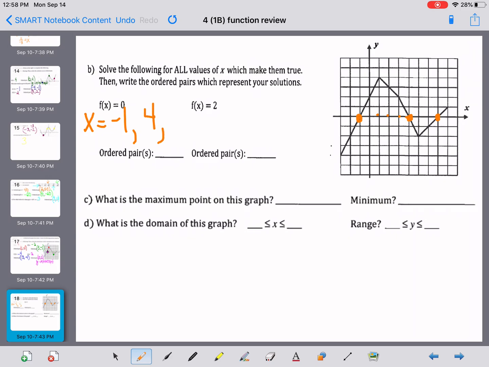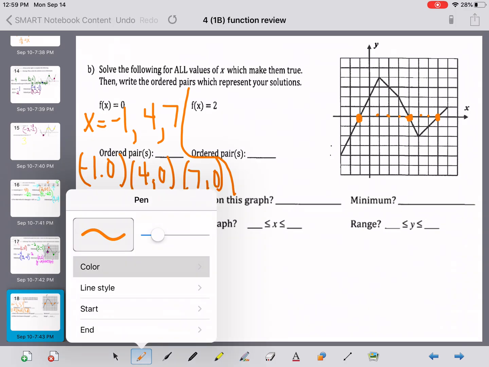And then 1, 2, 3, 4, 5, 6, 7. So our ordered pairs are going to be -1, 0, 4, 0, and 7, 0. And that's going to be for this problem.